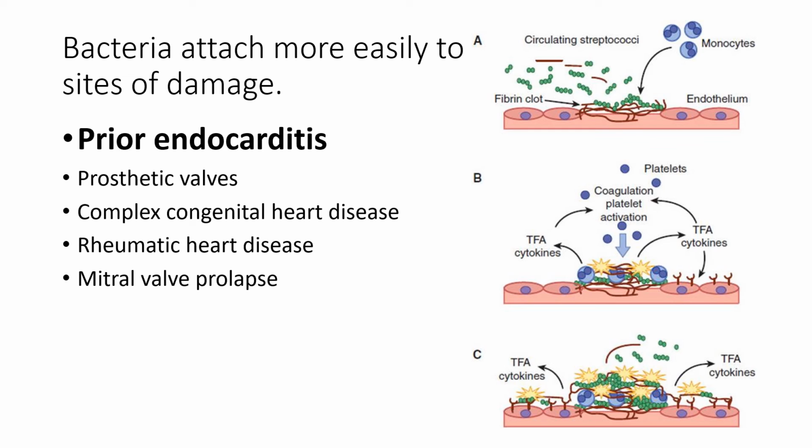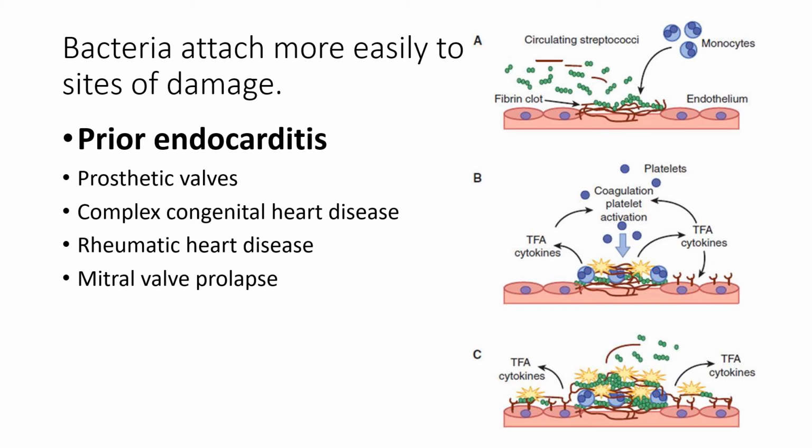By far the most common risk factor for endocarditis is prior endocarditis. If you've had a prior infection on your heart valve, that generally leaves some residual damage on the heart valve, so patients who've had a prior heart infection are more prone to a next one.